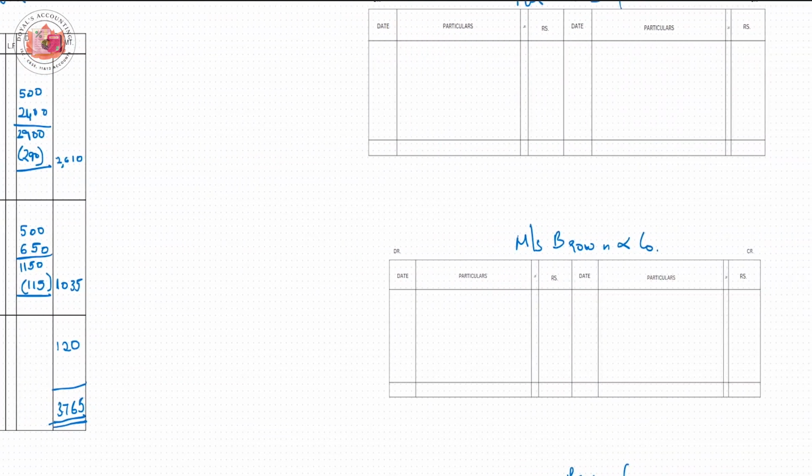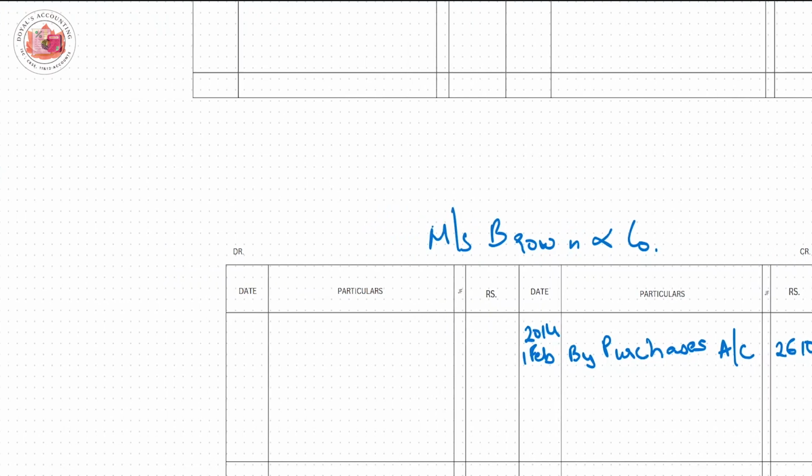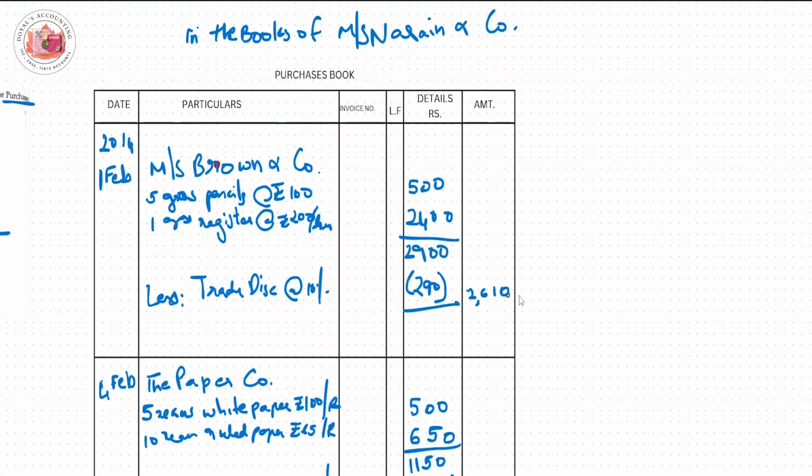So for Messrs. Brown and Company, 2014, 1st February, by purchases account, 2610. I am not going to write the gross amount and the discount allowed. I will directly write the net amount, which is 2610.